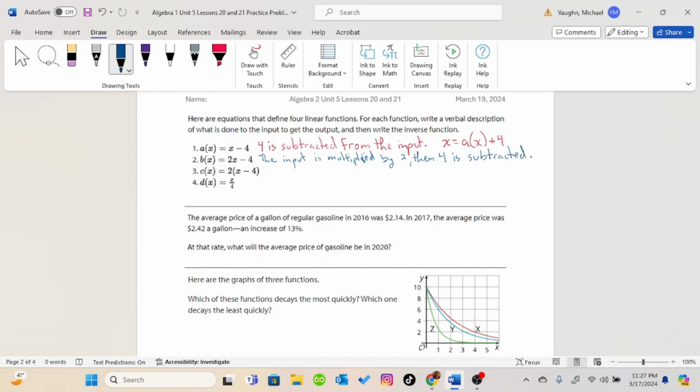The inverse, we would add 4 to both sides and then divide by 2. So x equals b of x plus 4 divided by 2.